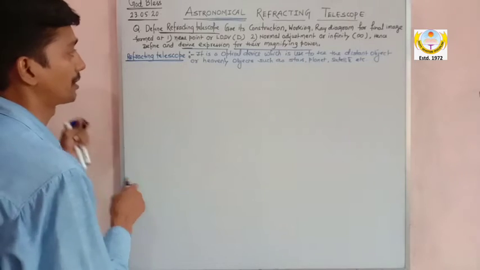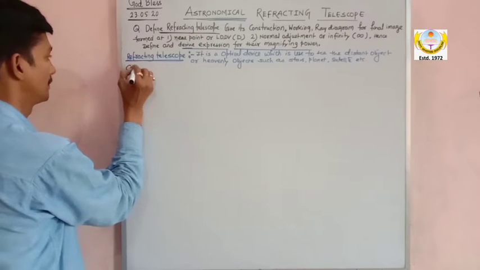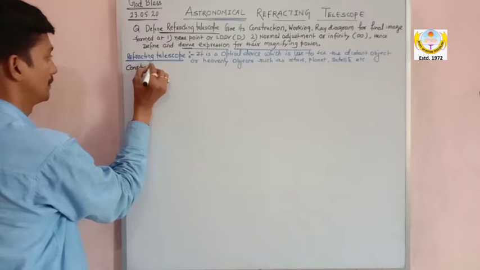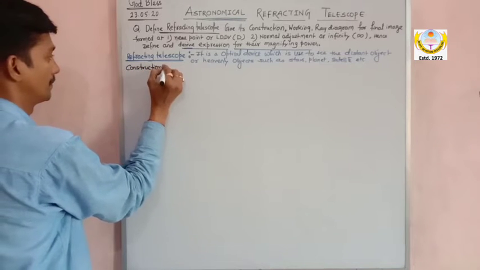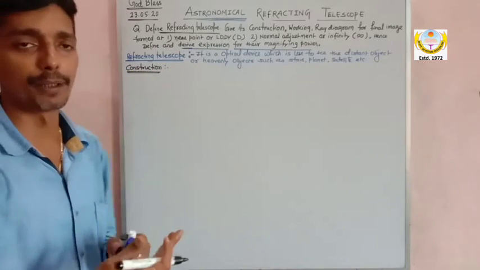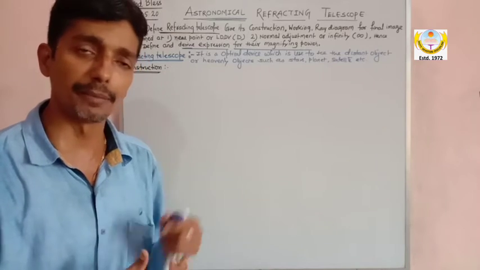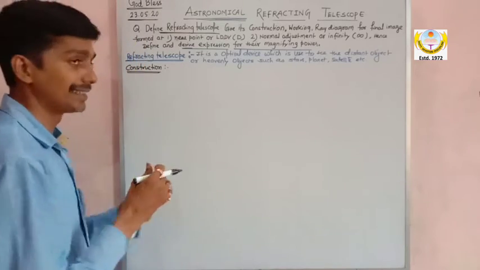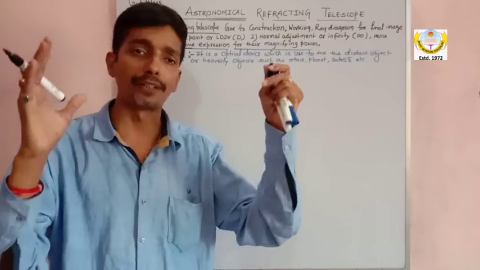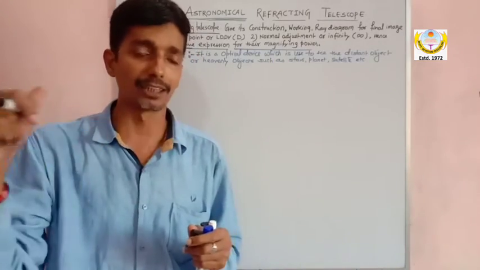What is the construction? How will we construct this telescope? My dear, as I told you, like the compound microscope, the telescope is also made up of two convex lenses, and these two convex lenses are mounted coaxially. Again, their centers will be coinciding, that is, their centers should be on one line.